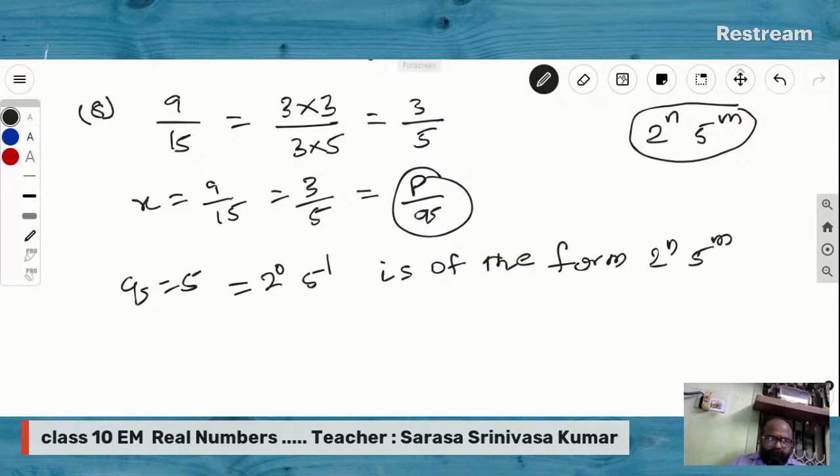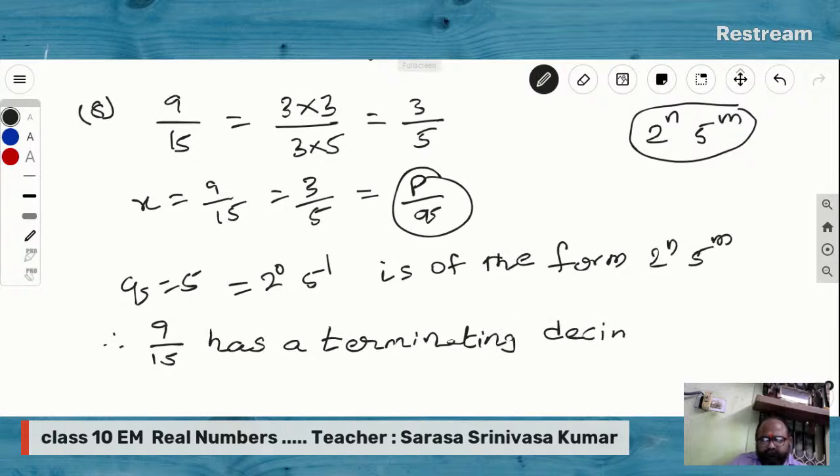Therefore, 9 by 15 has a terminating decimal form. This is why, because 5 can be written as 2 power 0 multiplied by 5 power 1.